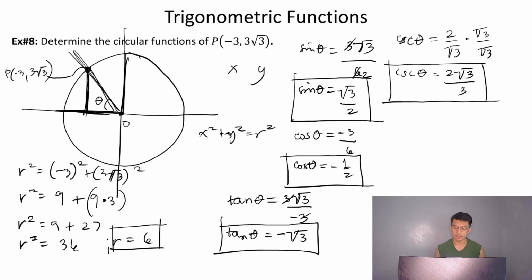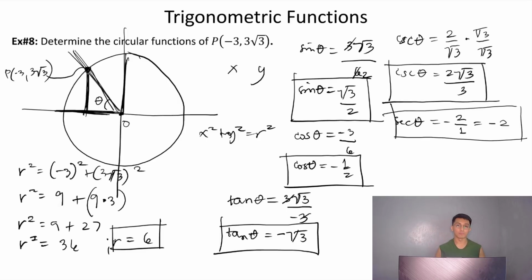And for secant theta, we have reverse ng cosine theta, negative 2 over 1 or simply negative 2 na lang po siya. Ito po ang ating secant theta. And finally, for cotangent theta, we have the reverse of the tangent theta, negative 1 over square root of 3.